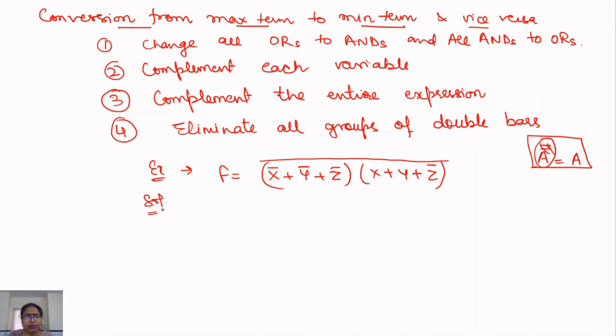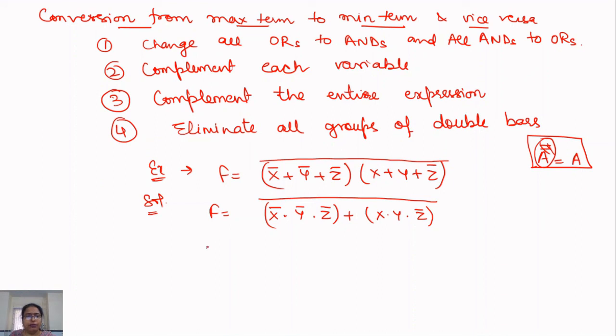Now what is the solution? First step is convert all ORs to AND and all ANDs to OR. So first step, f is equal to x bar into y bar into z bar, plus x dot y dot z bar. This is the first step we have done, all OR to AND and AND to OR.